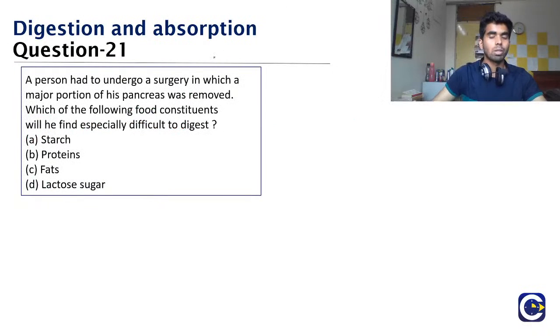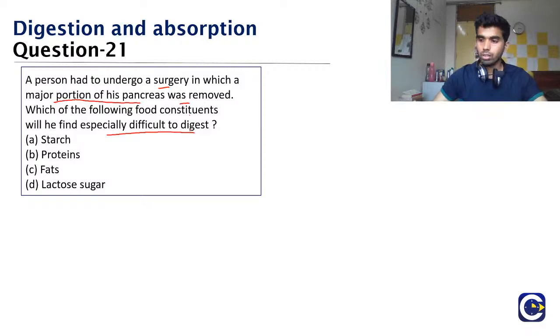Now coming to question number 21. A person had to undergo a surgery in which a major portion of his pancreas was removed. So which of the following food constituents does he find especially difficult to digest?